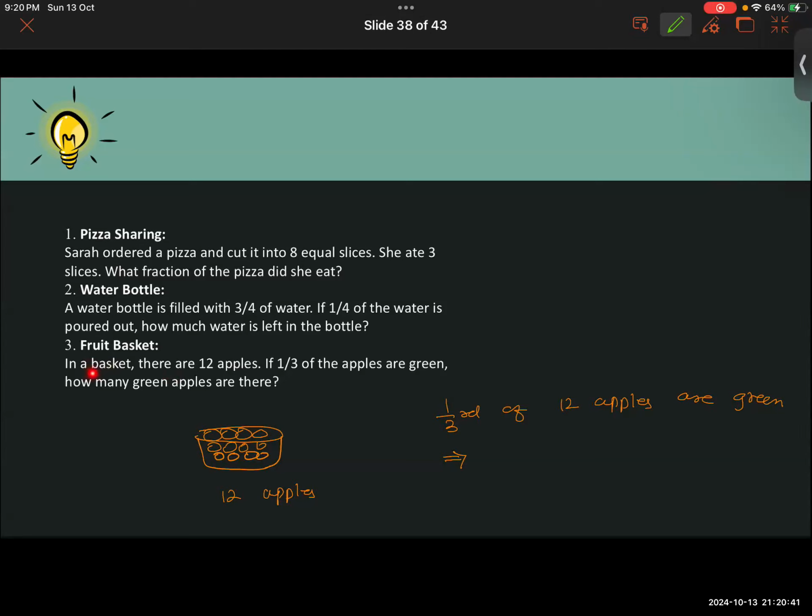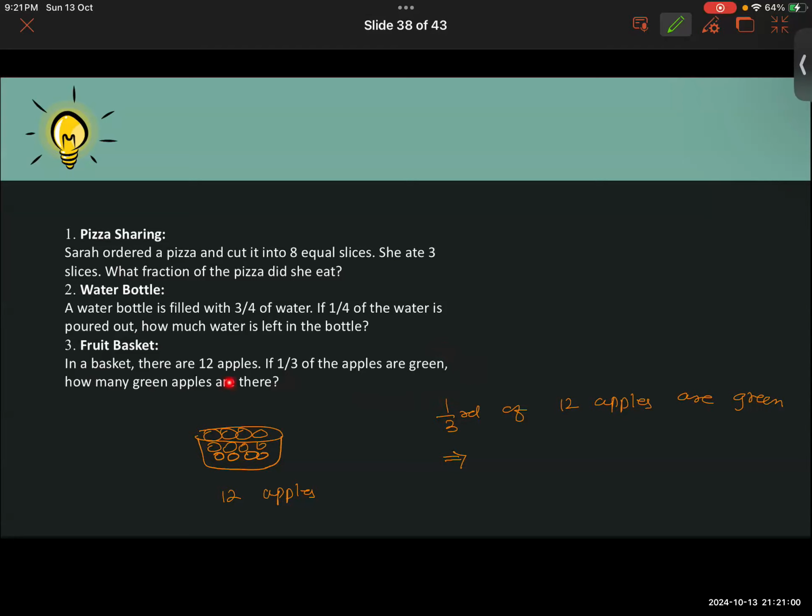Yeah, I was talking about question number 3 actually. For the second one, did you learn about the second one? Yeah, it's 2/4 answer. After simplification, it will be 1/2. Okay?